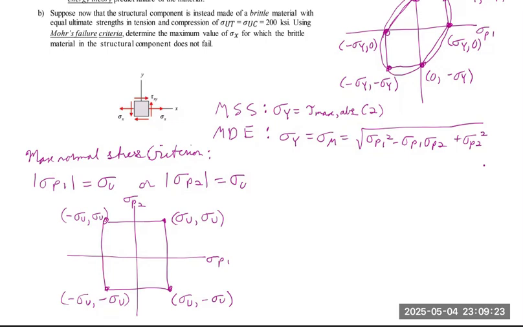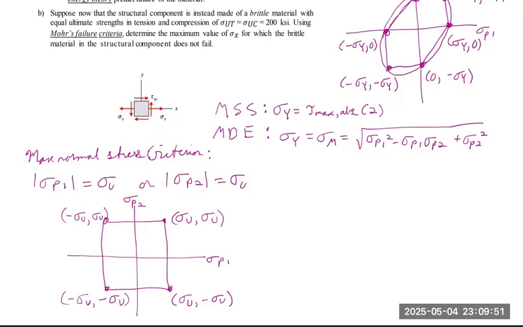When principal stress 1 and principal stress 2 have opposite signs, Mohr's failure criterion states that failure occurs when principal stress 1 over the ultimate stress in tension minus principal stress 2 over the ultimate stress in compression is equal to 1. The above combination constitutes Mohr's failure criterion.